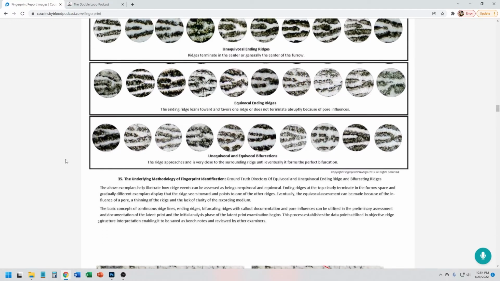Under high pressure, it is a bifurcation. Under low pressure, it is a ridge ending, based on the actual source skin. And that can even change with damage to the skin itself, or age. Like this one here looks like damage that breaks up a normal bifurcation to look like an ending this time.